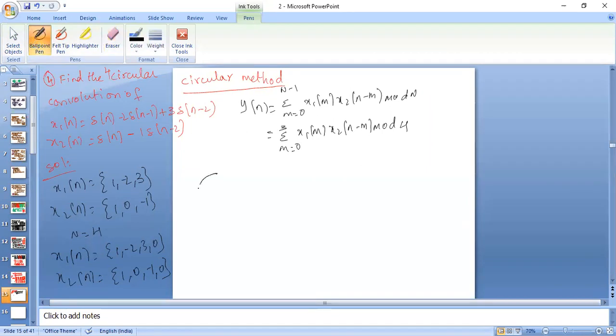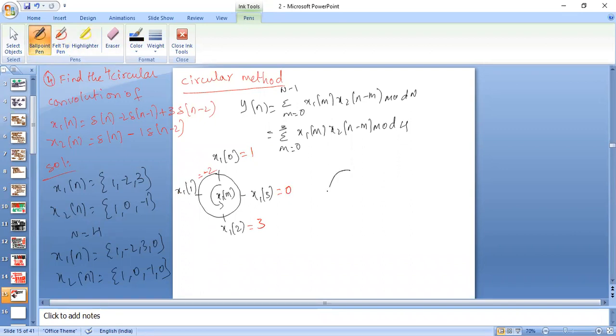Okay, this is x1 of m, x1 of 0, x1 of 1, x1 of 2, x1 of 3. Here we want to represent it in the anti-clockwise direction. x1 of 0 is equal to 1, x1 of 1 is equal to minus 2 and x1 of 2 is equal to 3 and x1 of 3 equals 0.